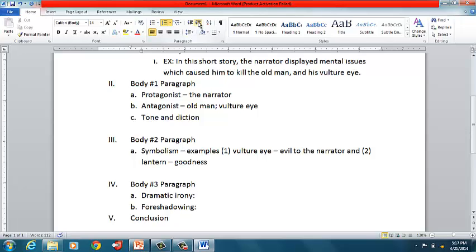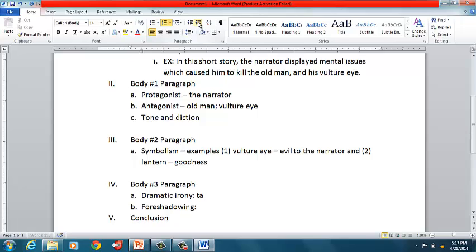We as the reader, if most of you were reading that story with me last week, you're pretty much like, this man is mad. The narrator is just off his rocker. Well, we think so, but does the old man think so? Well, no, he doesn't get to see those words inside of his head. We as the reader get to see them.